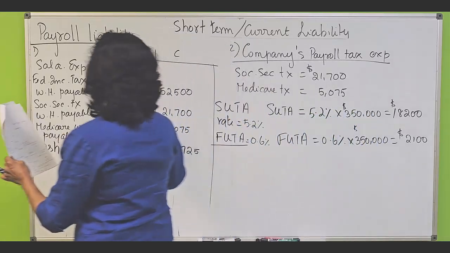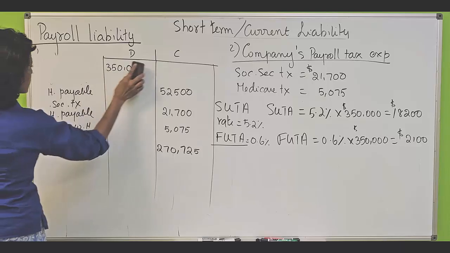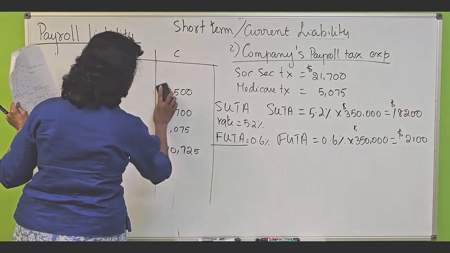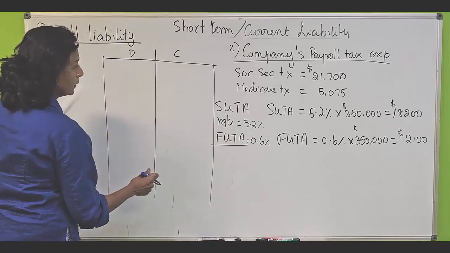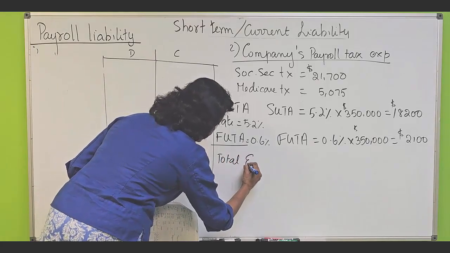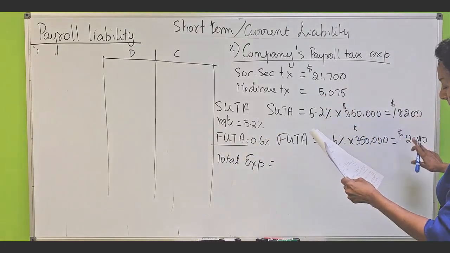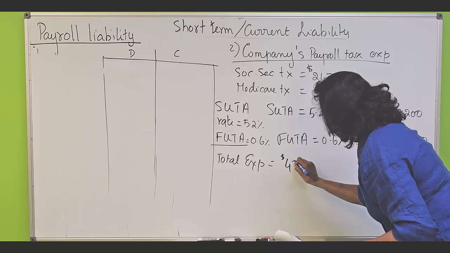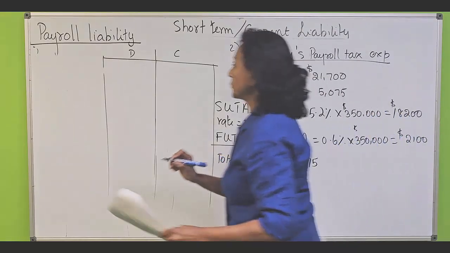So here the second entry would be the payroll tax expense. So here, the total expense, if you add this plus this plus this plus this, comes up to $47,075.